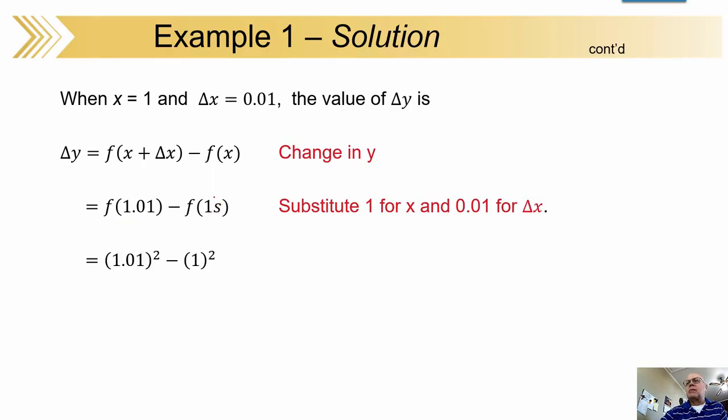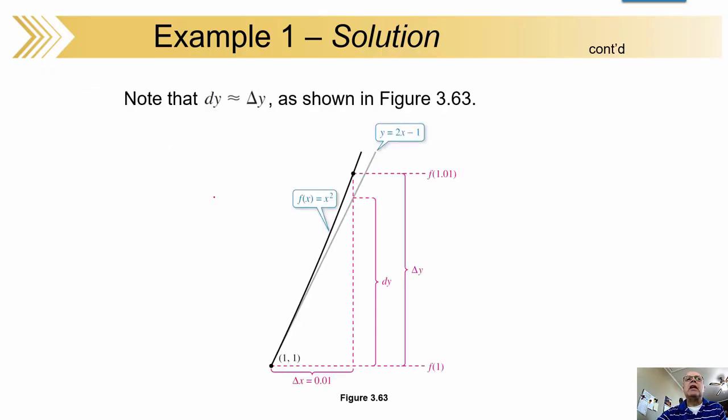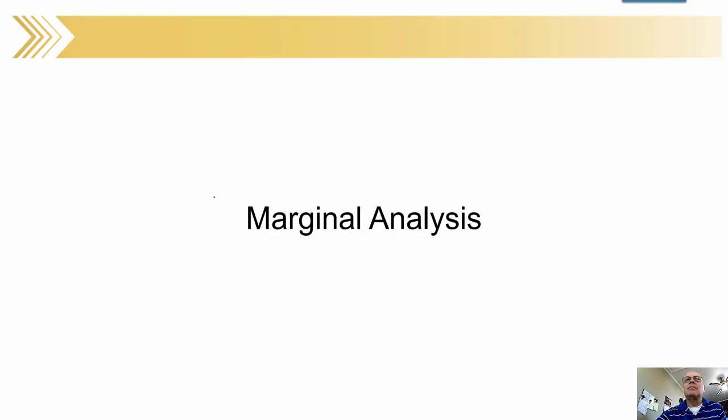And just put the numbers in. You almost don't need a calculator for that. You can see what you get. Notice that it's not quite the same as the dy we got before, but in most cases it's close enough for us. And that's much faster. There's something to be said for speed, right?